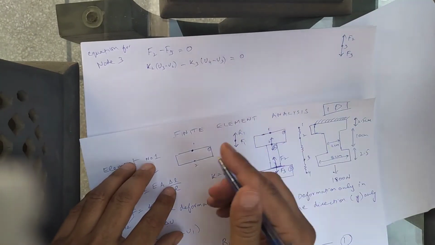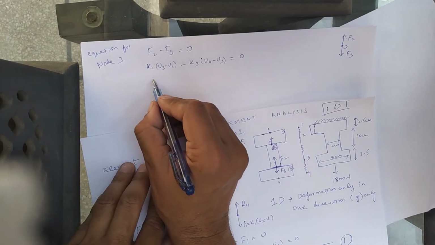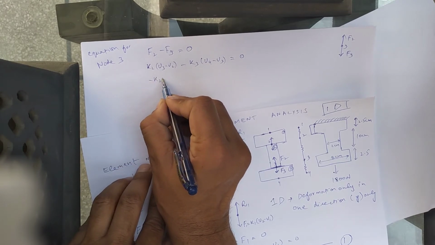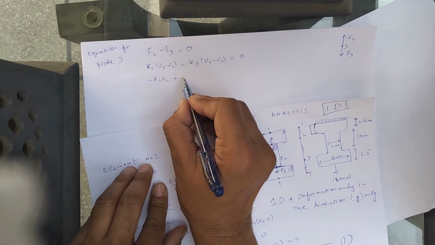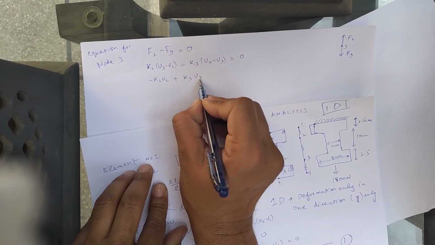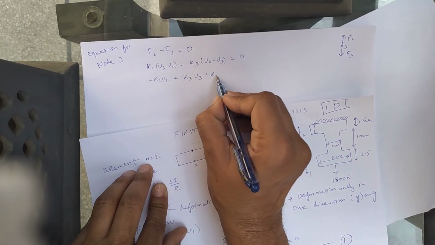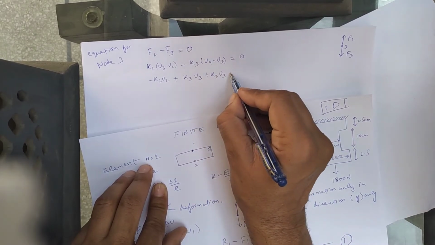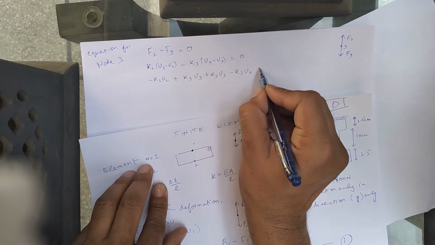So we will simplify this. So that will be equal to minus K2 U2 plus K2 U3 plus K3 U3 minus K3 U4 is equal to 0.